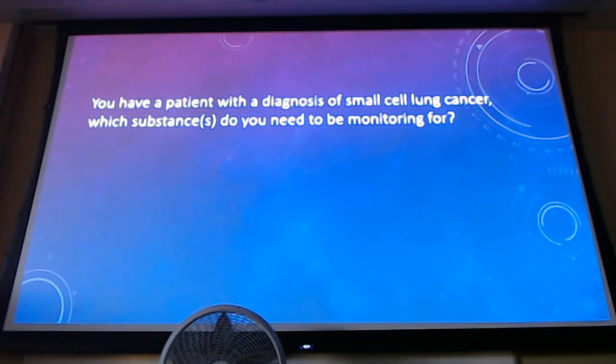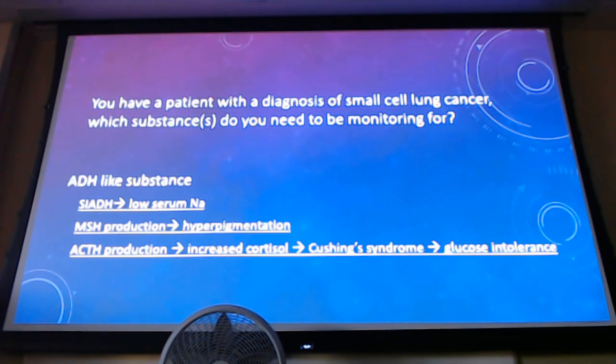Affects the sodium how? Low sodium with SIADH, right? What about MSH production, right? The hyperpigmentation, and then ACTH production. So if you have someone who's got a diagnosis of small cell, you should be looking at ADH-like substances, okay?